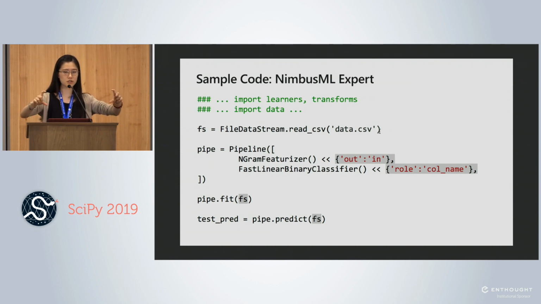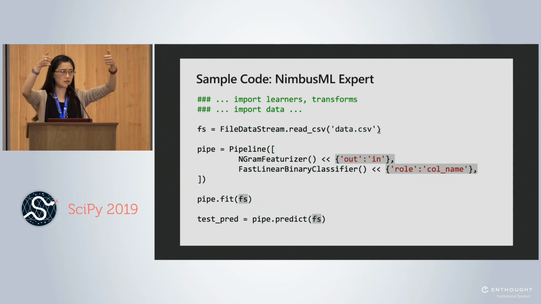And for each learner, you specify what are the inputs and what are the outputs. And for the next learner, you can select a subset of the columns from the previous learner, or all the way from the raw data, and then use that as input. And you can rename it to another name as the output, and you kind of stack up. And this will allow you to create a very, very complicated pipeline.